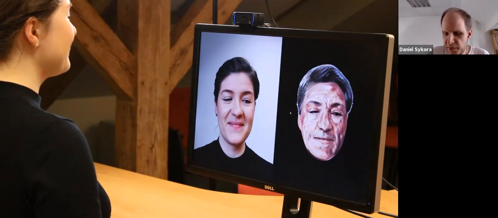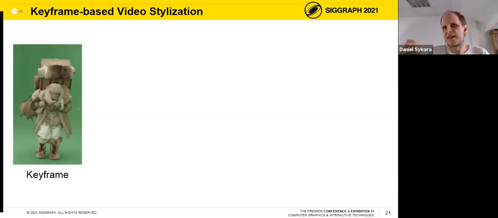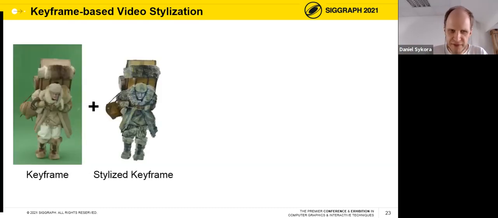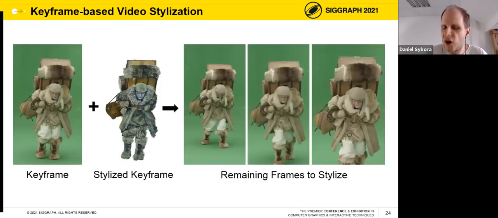And this motivated us for something more general, more generic, in the sense that you will get a video. So there is no particular content, it's arbitrary content. You will get a video and you will stylize a single frame. Let's start with just a single frame. And then you have these two images, and of course, the other frames of the video.